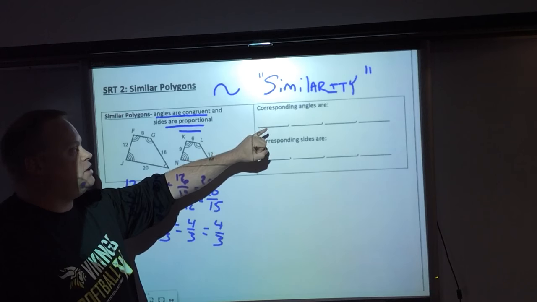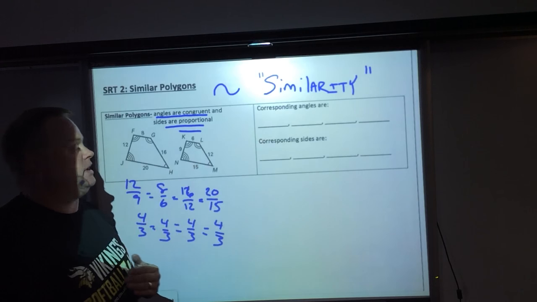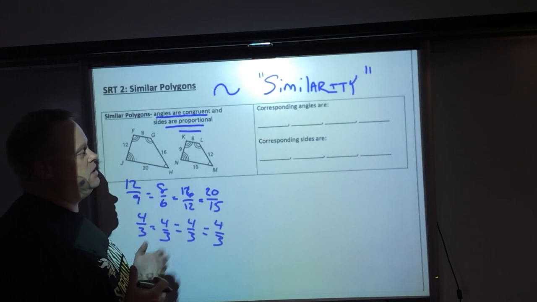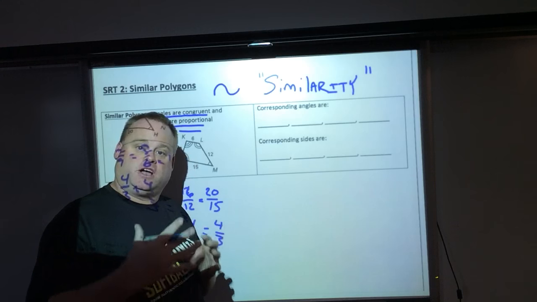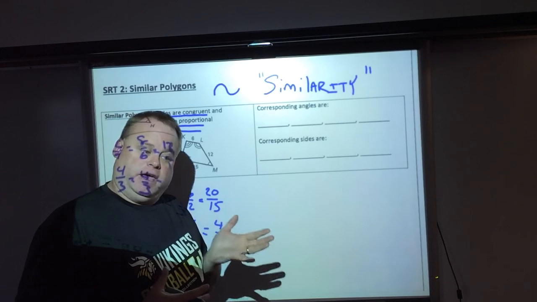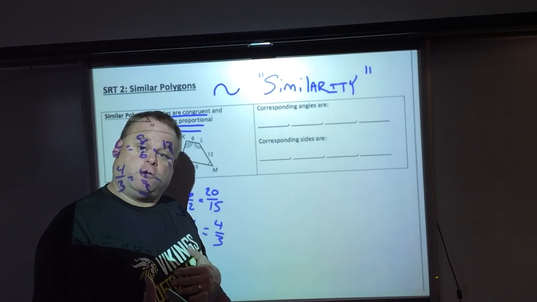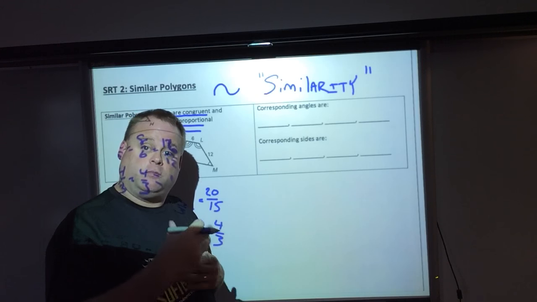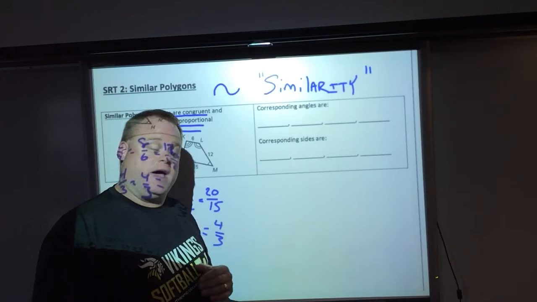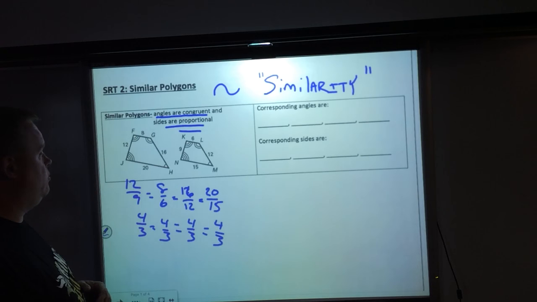I can also do corresponding angles and corresponding sides. Remember, when we're talking about a polygon corresponding to another polygon, the order matters. So we have to go angle to angle.